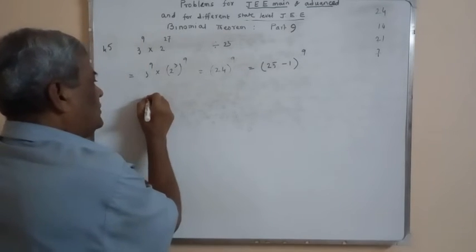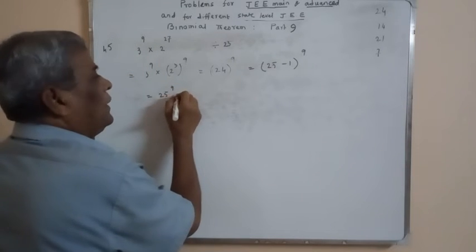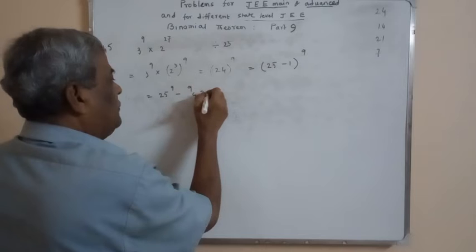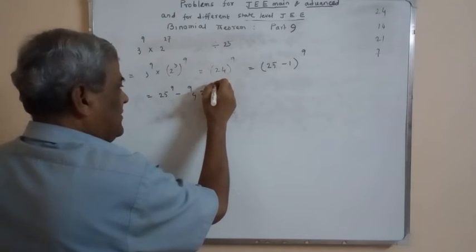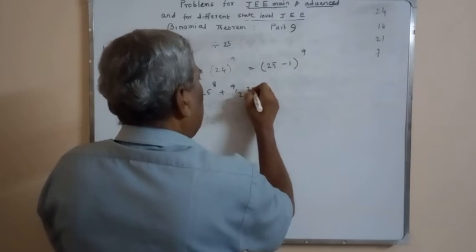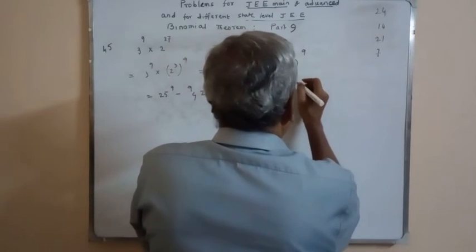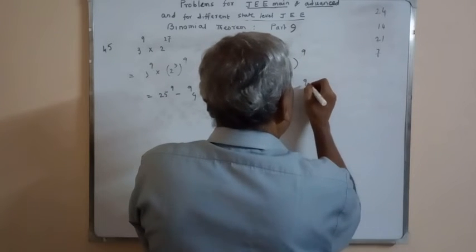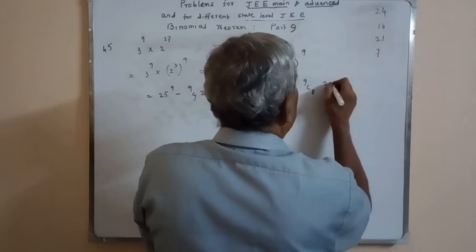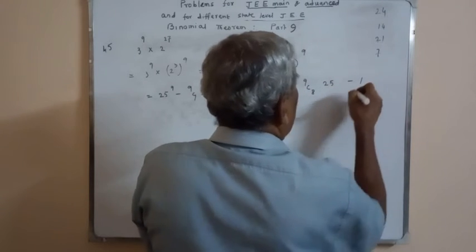So this is equal to 25 to the power 9, then minus 9C1 into 25 to the power 8, then plus 9C2 into 25 to the power 7, minus this way, 9C8 into 25 to the power 1, and finally minus 1.